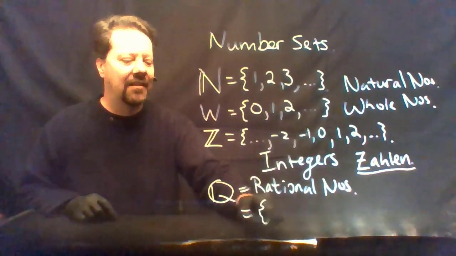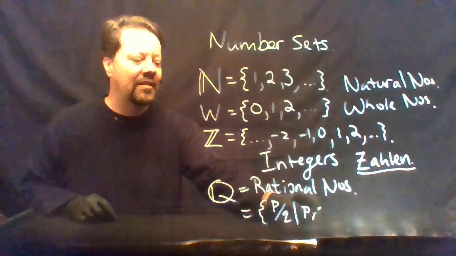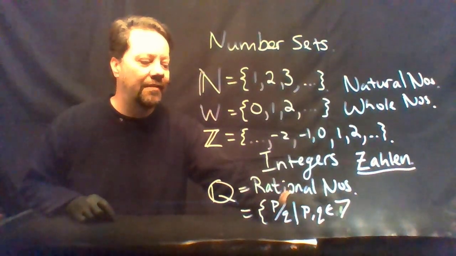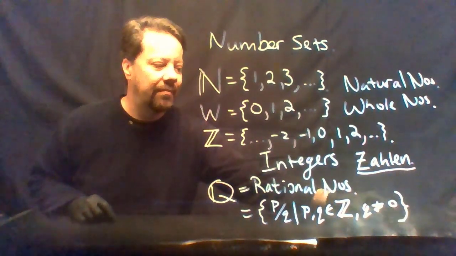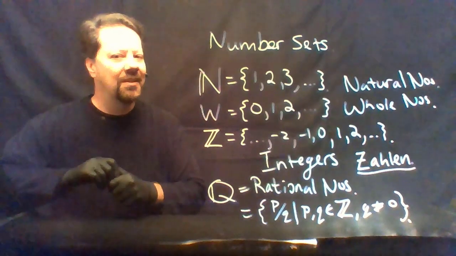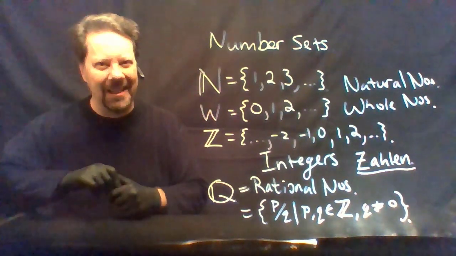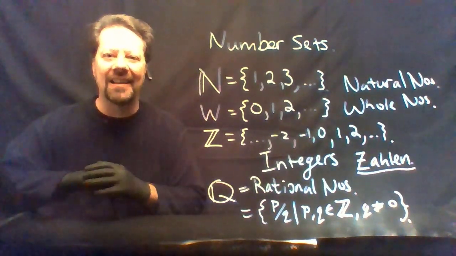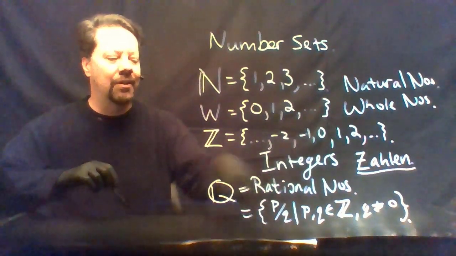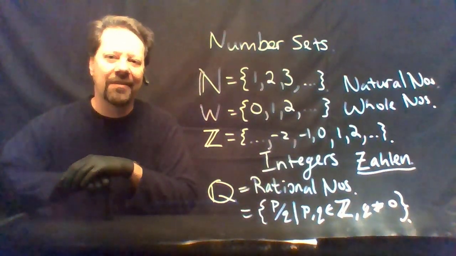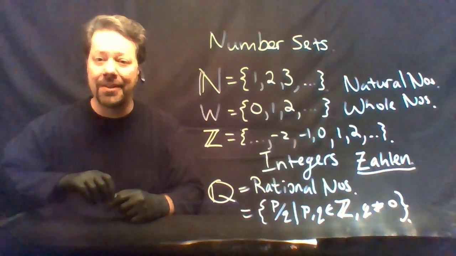It's the set of all p divided by q such that p and q are elements of the set of integers, but q isn't 0. Yes, division has that nasty little problem. You're not allowed to divide by 0. That's undefined. So we better make sure that the denominator is not 0, but it's p divided by q, where p and q are both integers. That's the set of rational numbers, the set of ratios of integers.